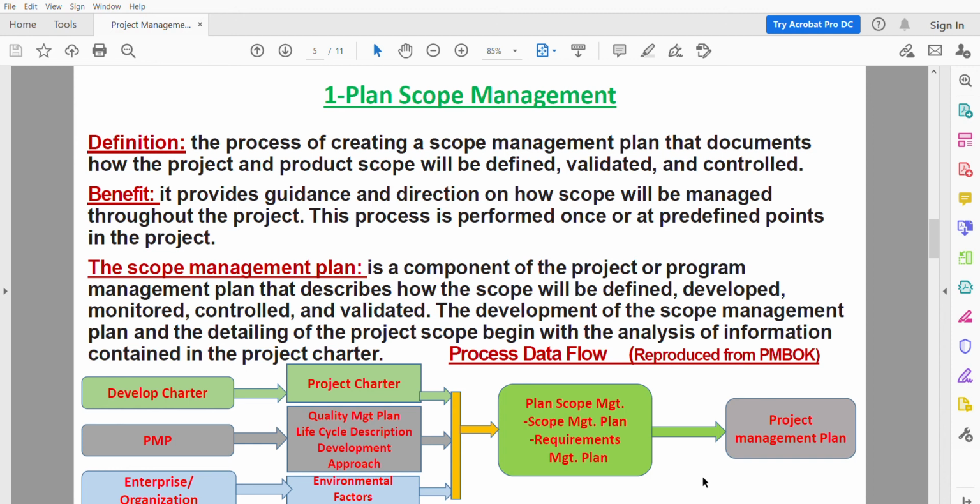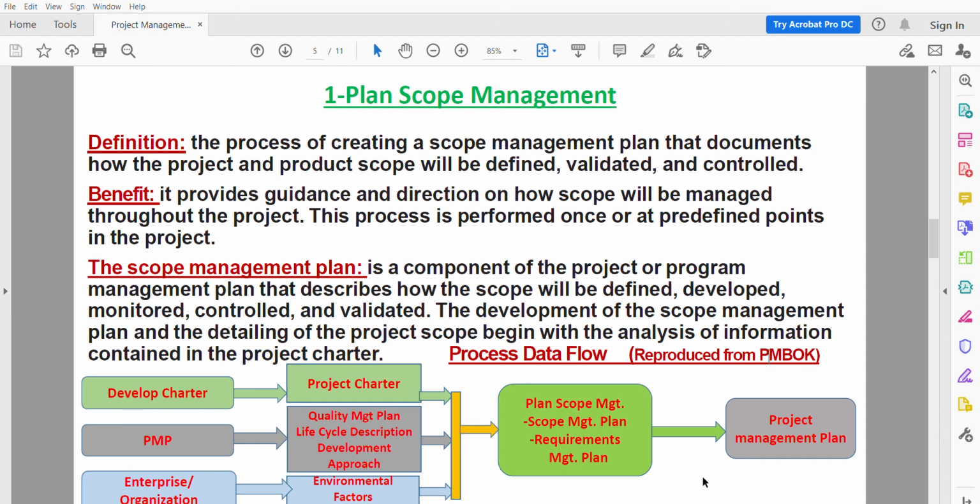So what are the outputs of this process? The outputs of the plan scope management: the first one is the scope management plan. The scope management plan is a component, as we said, of the project management plan that describes how the scope will be defined, developed, monitored, controlled, and validated.